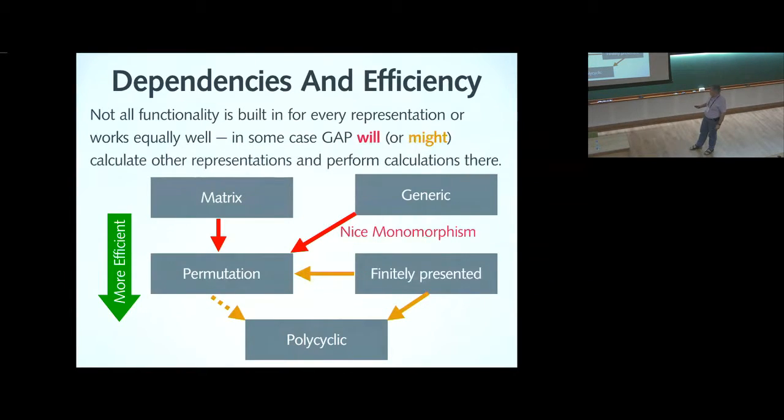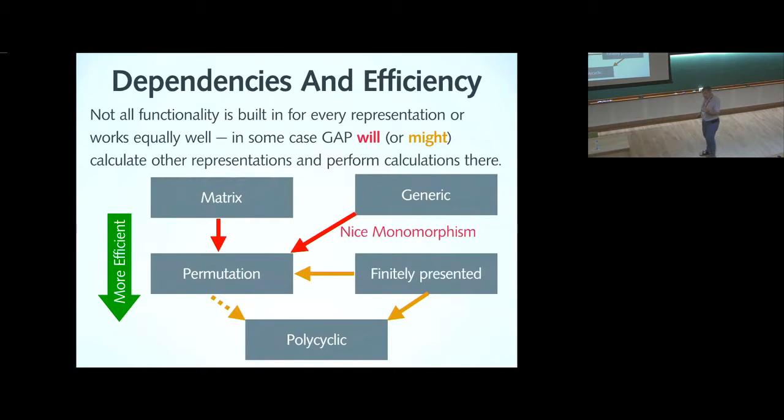Matrix groups currently also basically use the permutation representation, and generically, to do something with a group, GAP computes a permutation representation if it doesn't know anything better, just by acting on the elements on the right. And there is a mechanism called nice monomorphism, which I will talk about later, which does this translation automatically.